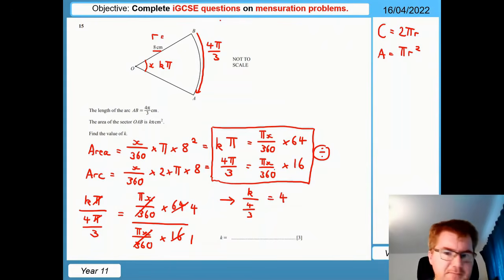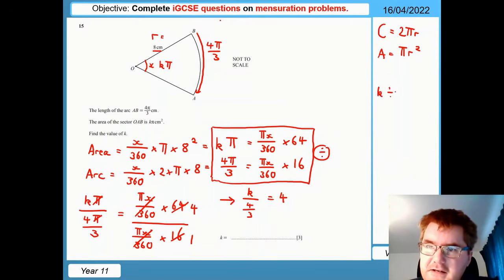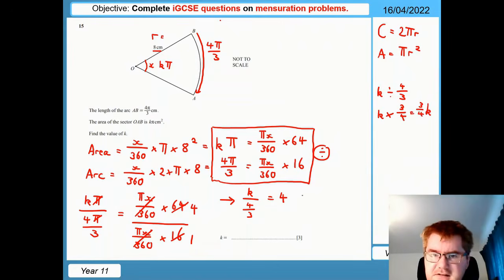Just like that. Now remember, if you're dividing, so let's just remind you here, k divided by 4/3, that's the same as saying k times 3/4. Remember, keep it, switch it, flip it, and that gives me just 3/4 k. So this equation then just becomes 3/4 k is equal to 4. It's almost like magic, isn't it? Just seeing everything disappear. And then what's the opposite of timesing by 3/4?